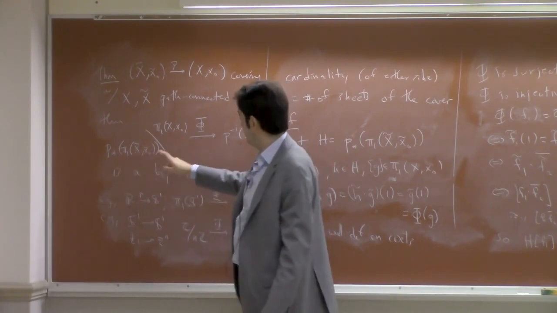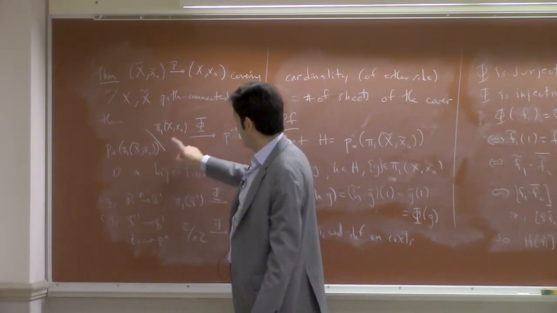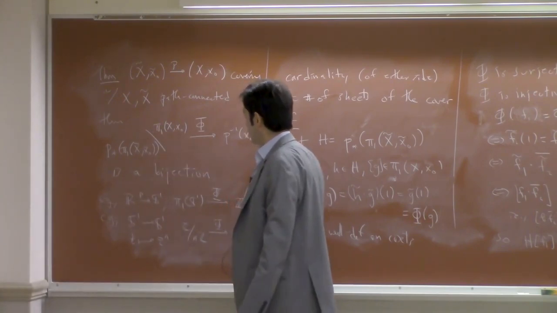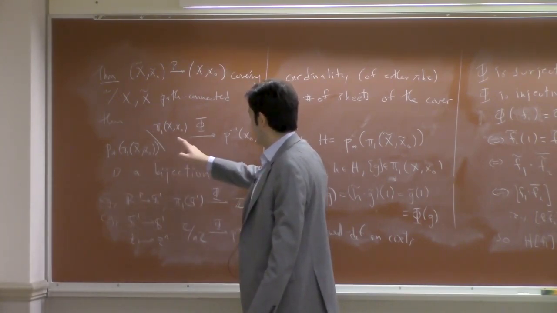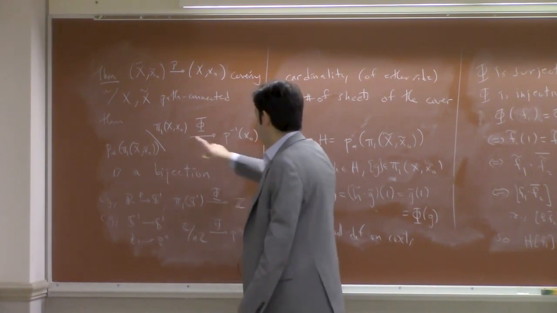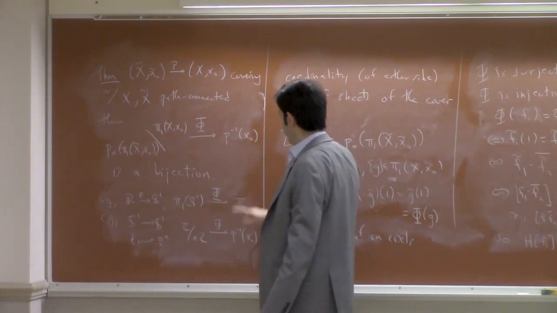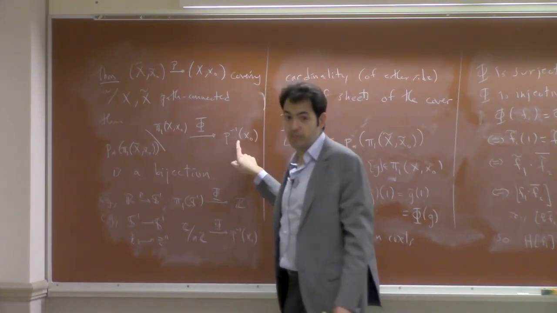Because then these cosets are the same as the group itself, and so the group is in bijection with the inverse image of the base point.